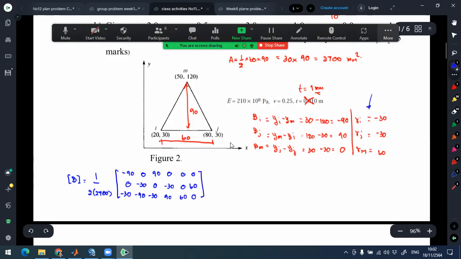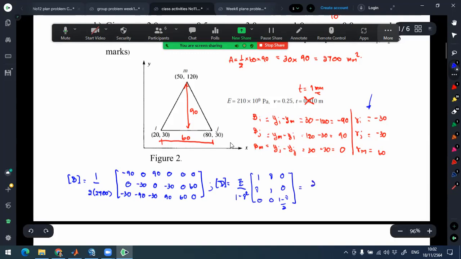For this case, it is a plane stress problem, so we have matrix D like this.